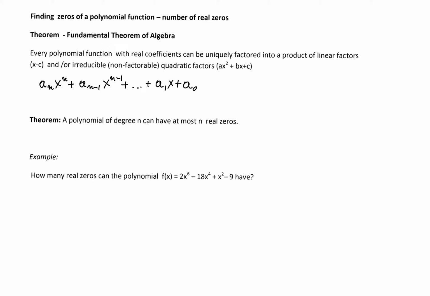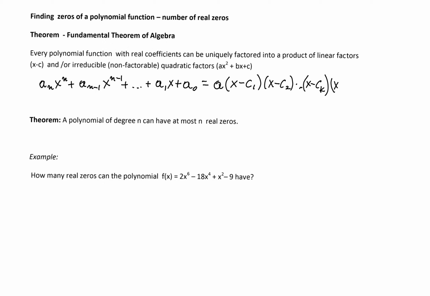So if I take any polynomial in general form, I know the theorem guarantees that that polynomial can be written as some constant times some linear factors x minus c1, x minus c2 times, let's say, x minus ck, and then some irreducible quadratic factors.